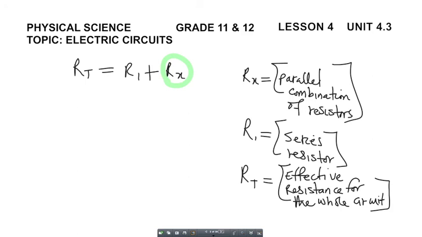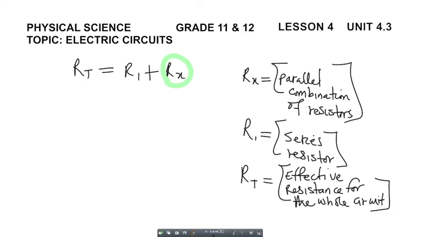That's why, from what I've written here, Rx is the parallel combination of resistors. So if you want, you may also have written 1 over R2 plus 1 over R3 plus 1 over R4. And then you compute to get your unique Rx. If you add it to R1, it will provide you with the effective resistance for the whole circuit.